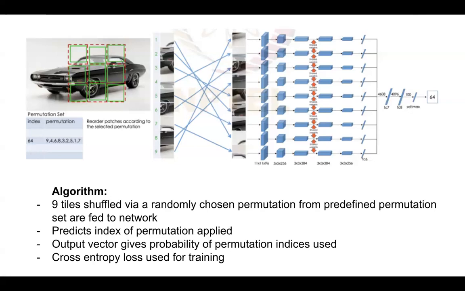Because 64 has this 9 to 6, 9 to 7, like this permutation that is given on the screen. So this algorithm predicts the index of the permutation applied, and the output vector gives the probability of the permutation indices used.